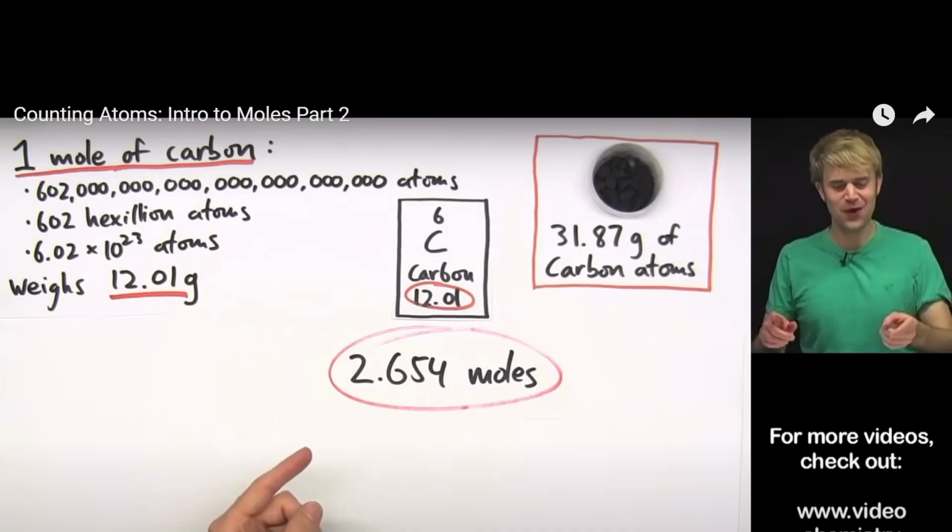And remember, anytime you do a conversion, you need to write what sign goes here? Times. And then you need to draw a line. And then you say, what do I need to cancel? Moles of carbon. So moles of carbon go on the bottom. And then I'm trying to find atoms of carbon.